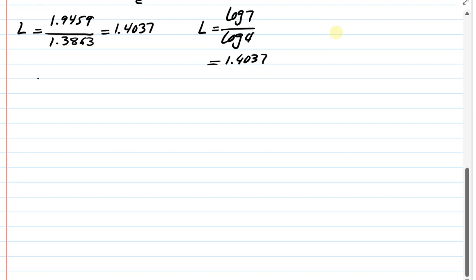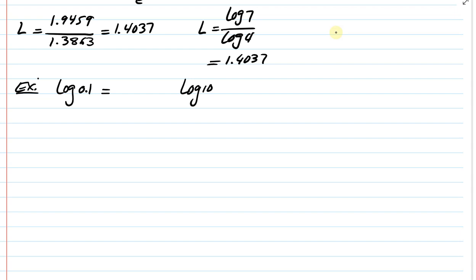Now, let's do maybe some examples here. In this example, it's not a change of base. Let's say I want to do a log of 0.1. I'm going to do these to 4 decimals. And let's say we want to do log of 10, and we're going to do log of e.